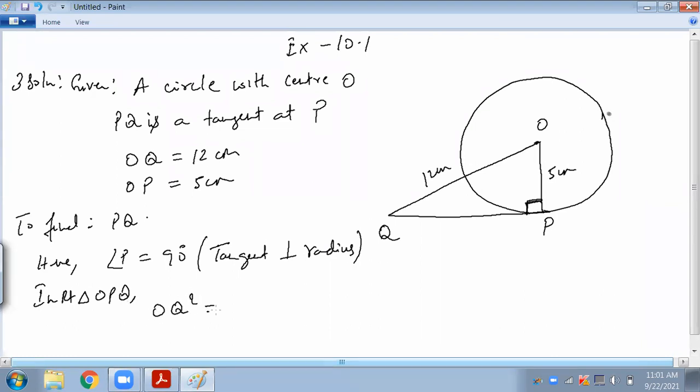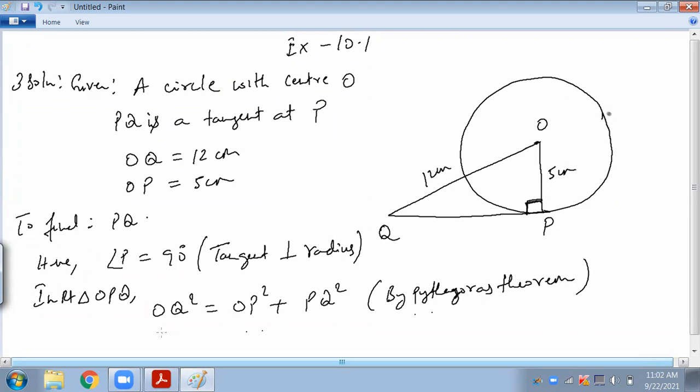OQ square will be equal to OP square plus PQ square. Now put the values. OQ is 12, OP is 5, and PQ is what we're going to find. We're putting the values from the given.